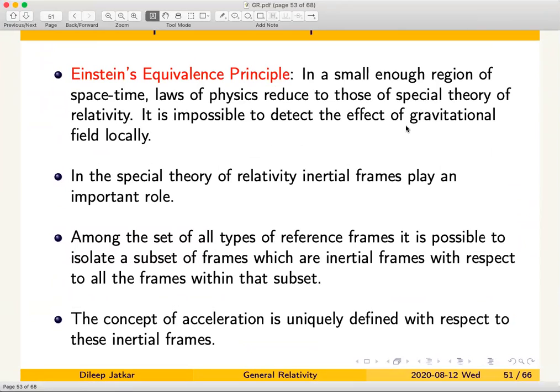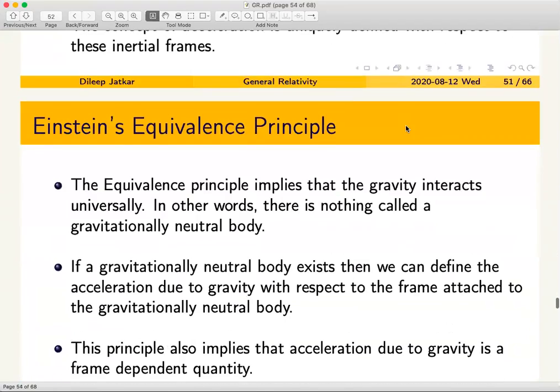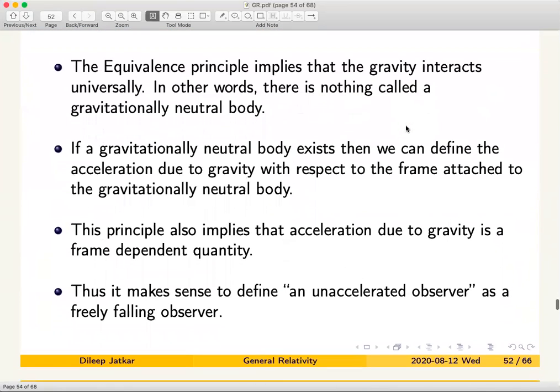If you do not see the effect due to gravity, then the freely falling object is experiencing no force. So we may want to use a language where an unaccelerated observer is a freely falling observer.